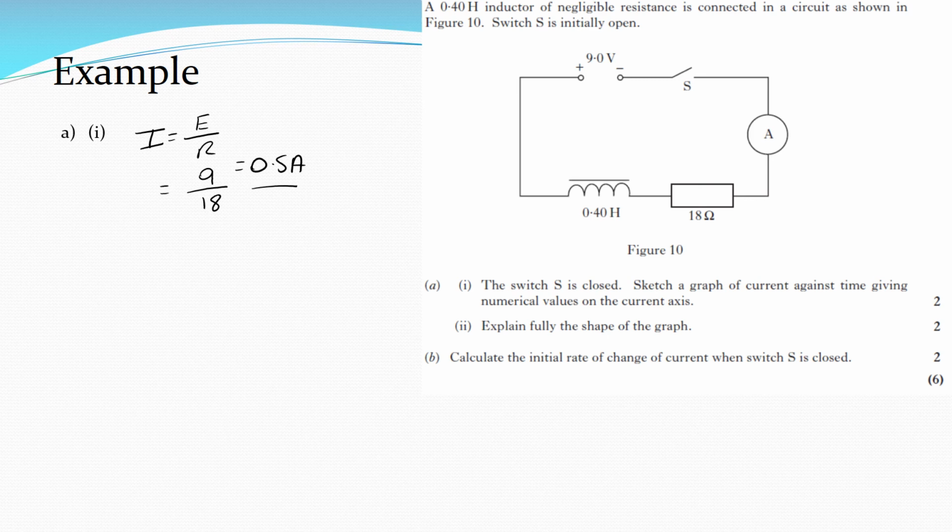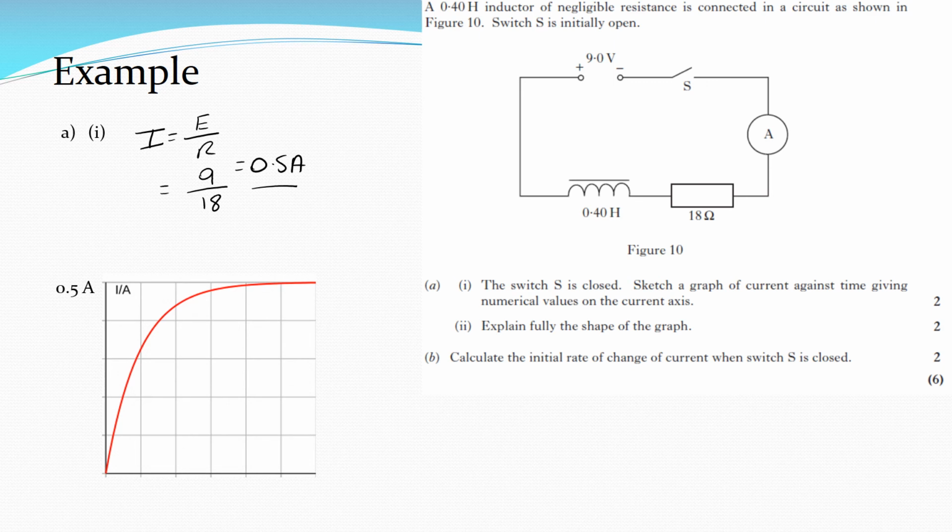We only need to consider the load resistance within a circuit because we've been told that the inductor coil has negligible resistance. 0.5 amperes. We have our graph for current and time as we saw previously.